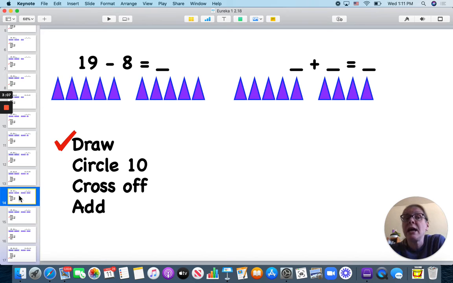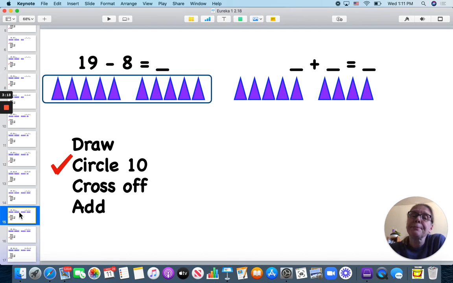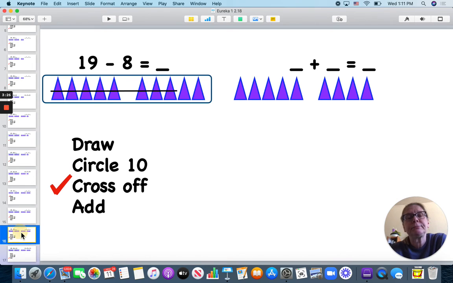Now we have 19 minus 8. There are 19 triangles up there drawn in 5 groups. Circle 10 of them. So we've circled 10, which is easy to do when we draw them in our 5 groups. Our next step, cross off 8. So we will cross off 8 inside our 10 group that we circled.